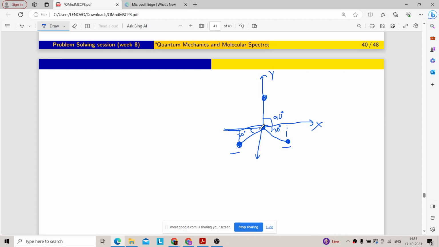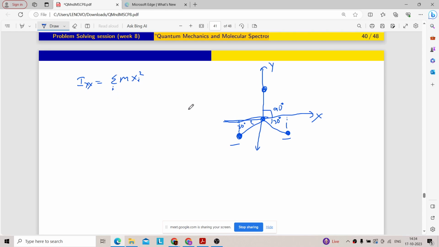So the moment of inertia along the x-axis will be the sum of the masses times the distance, say x_i. I get contributions from this and this, while the projection of this mass is 0, so its contribution will be 0.